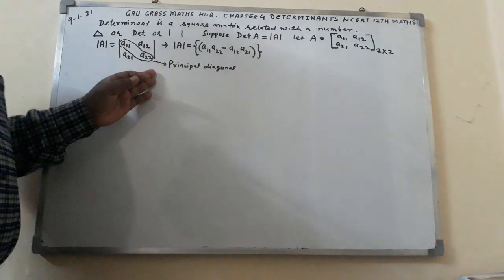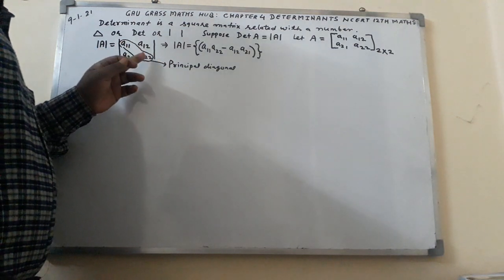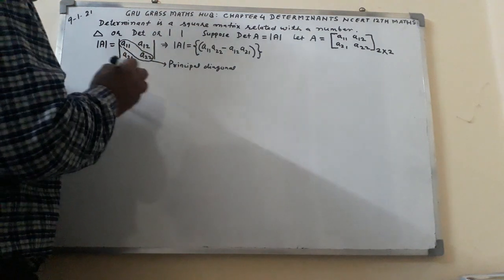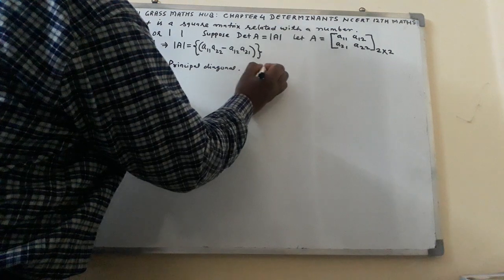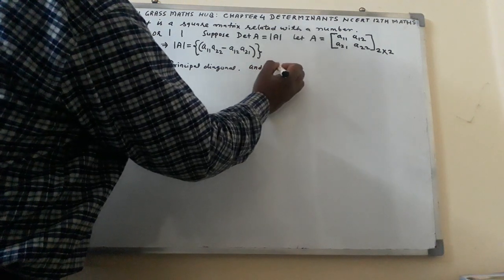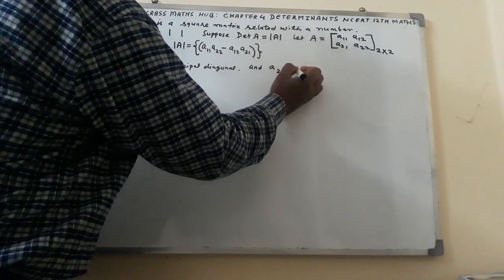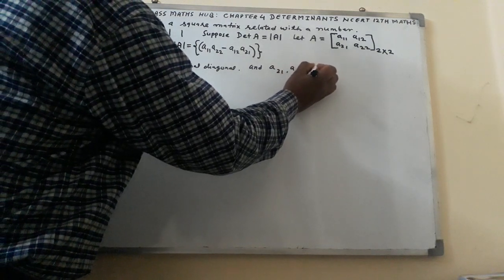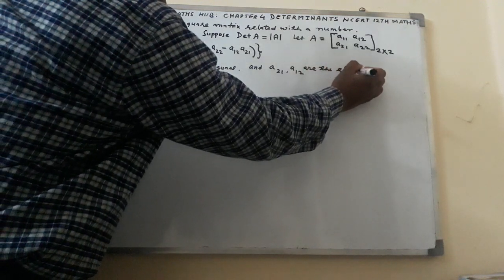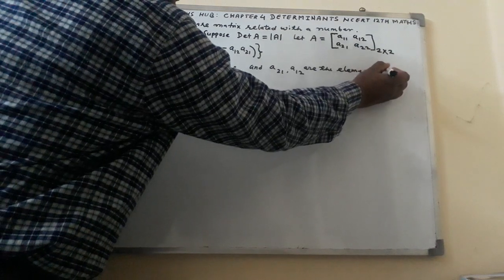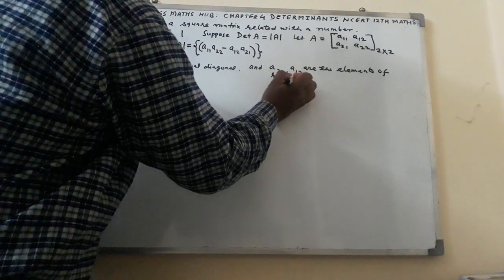The elements of the principal diagonal are A11 and A22, and A21, A12 are the elements of the reverse diagonal.